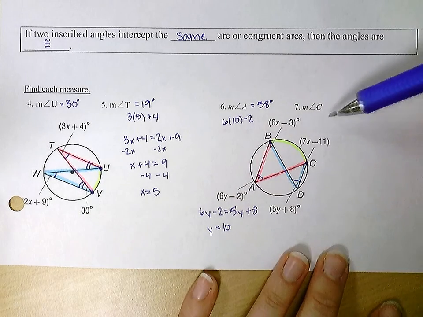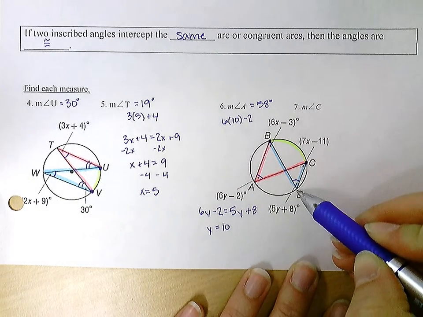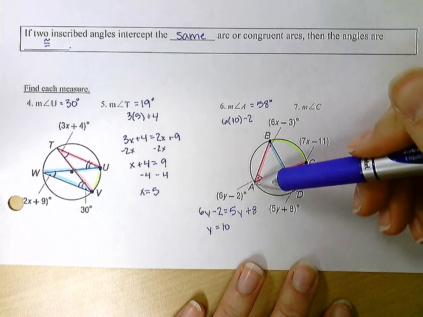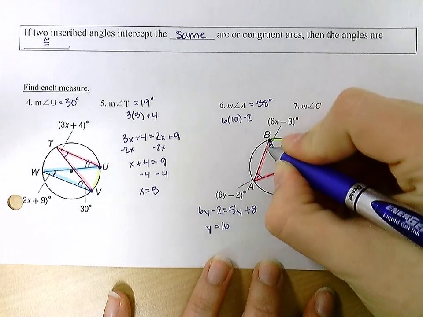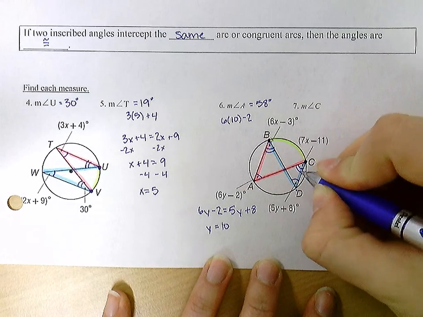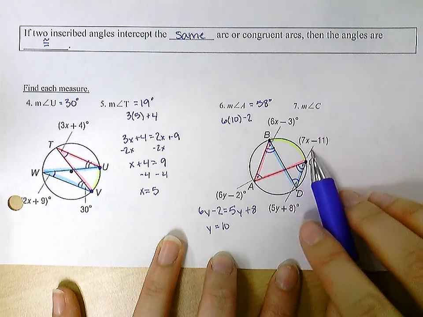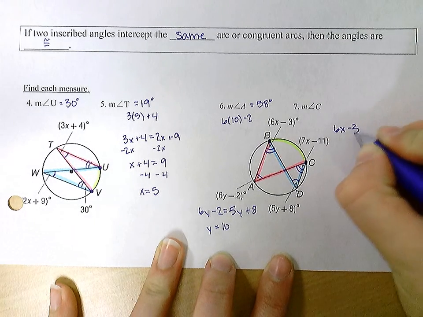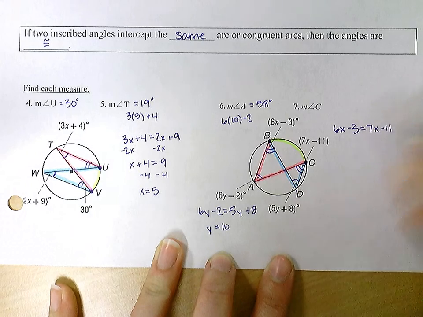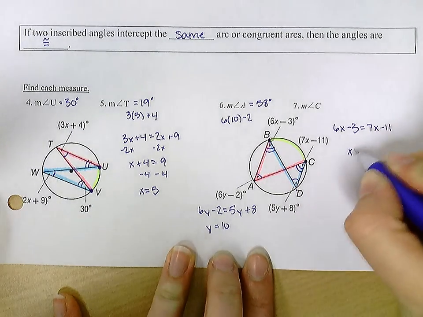Okay, then looking for angle C. Angle C intercepts arc AD. The other angle that intercepts arc AD is angle B. So those two angles have to be congruent to each other. So first I need to solve for x, so I'll set those two equations equal. Okay, and then once I solve for x, I get x is equal to 8.